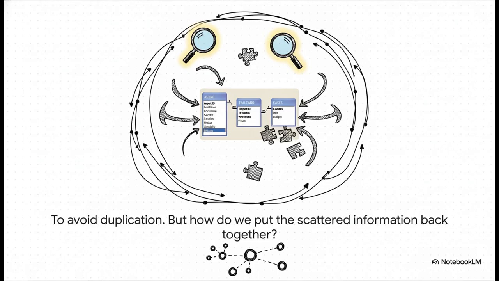This clean system is called a relational database. So for example, in this schema, you've got separate tables for agents, for cases, for time cards. You store an agent's name once instead of typing it in every single time they file a time card. It keeps things tidy. But of course, that creates a new puzzle. How do we put all this scattered information back together again?